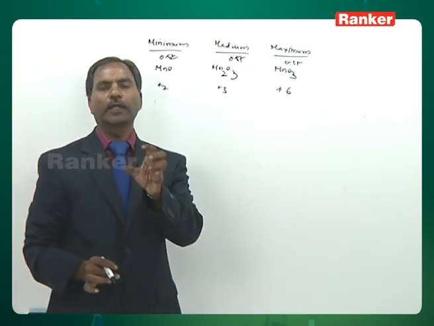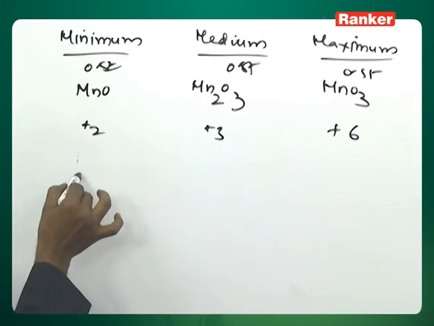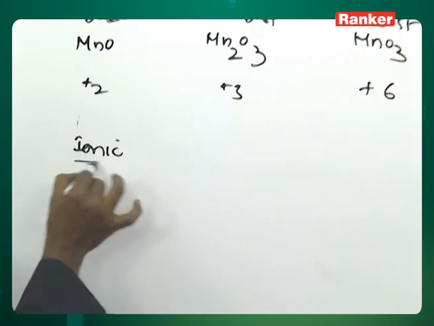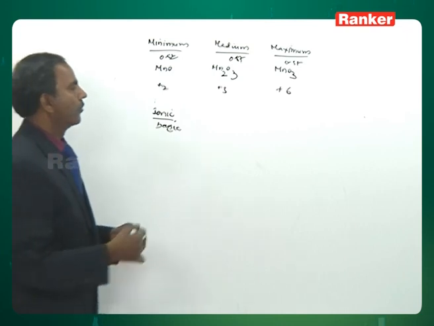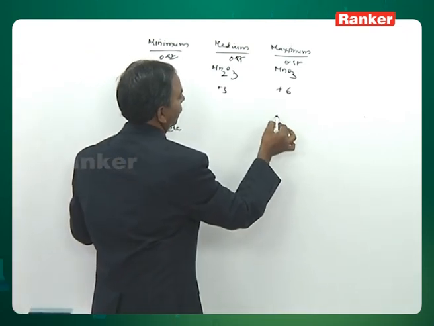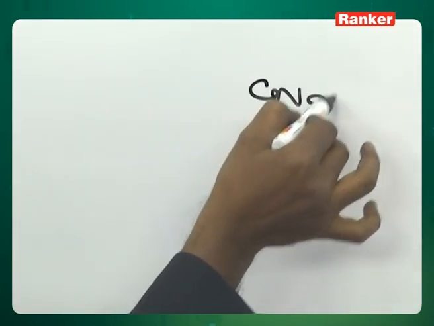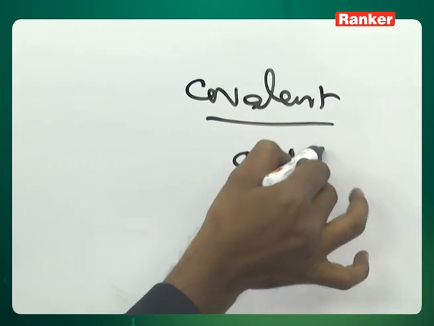Wherever the metal ion exhibits the minimum oxidation state, that is found to be more ionic, or you can consider it basic. Wherever it exhibits the maximum, you can consider it highly covalent, or highly acidic.